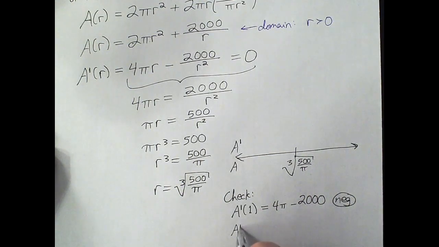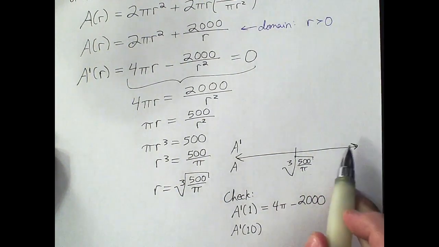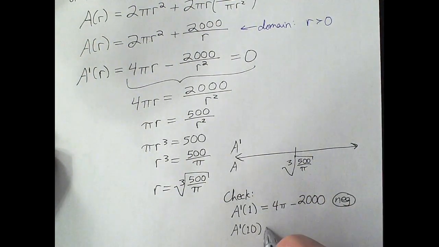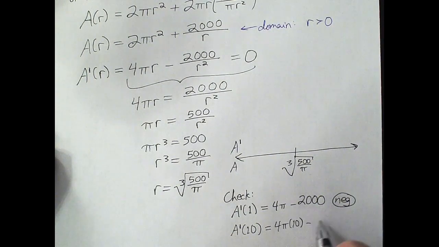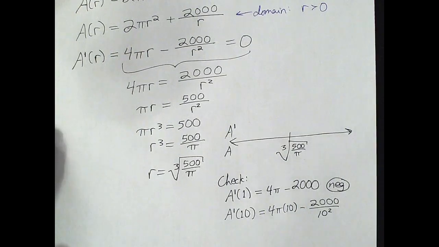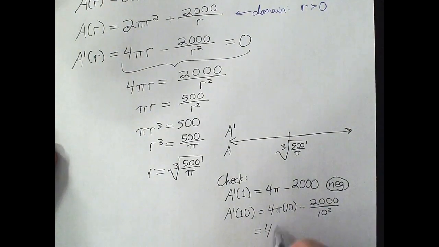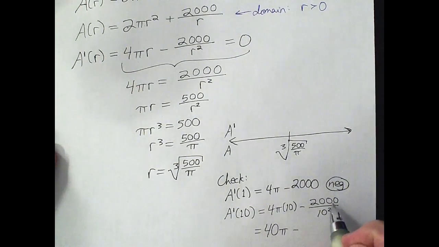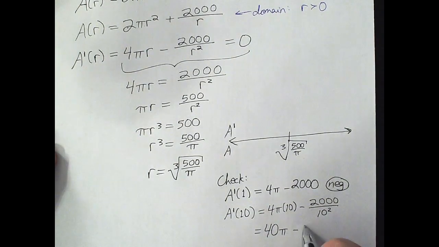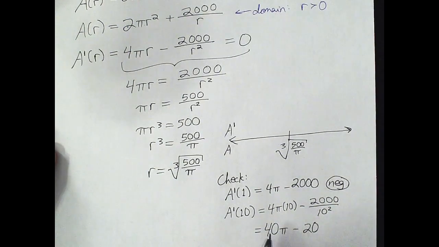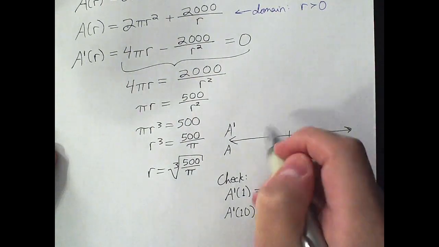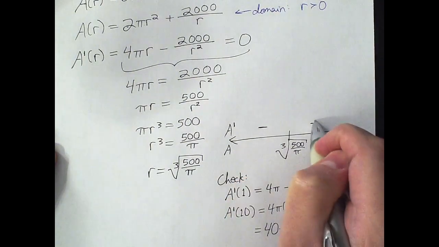Let's check A prime of 10, because I think then we're getting something that's to the right of it. 4 pi times 10 minus 2,000 over 10 squared. Is this positive or is this negative? We need to go a little further to check, don't we? Let's make it 40 pi minus, this is 2,000 over 100. Oh, look at that. 40 pi minus 20, that's positive.